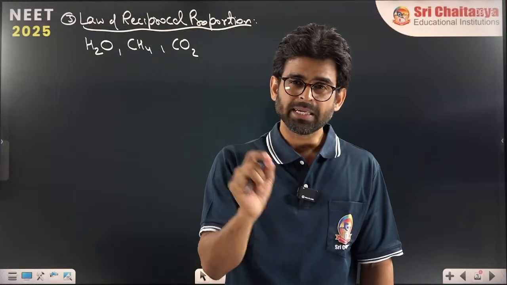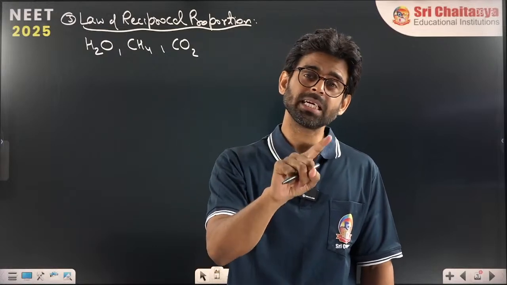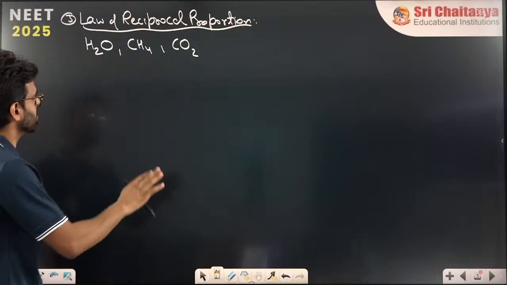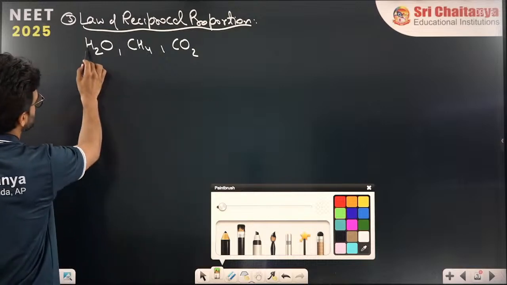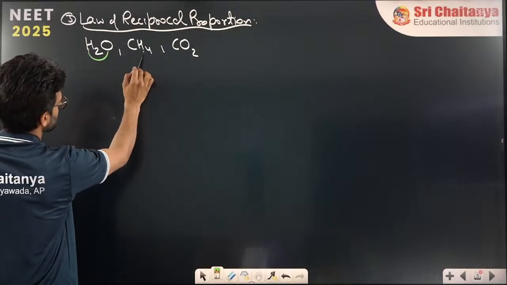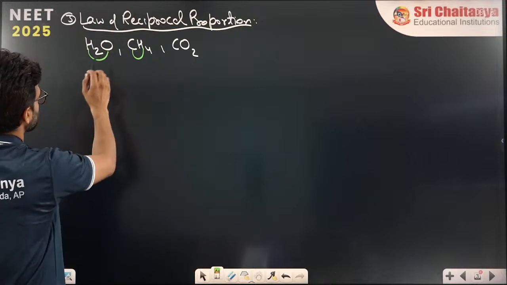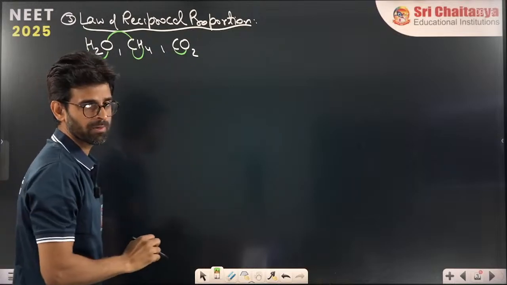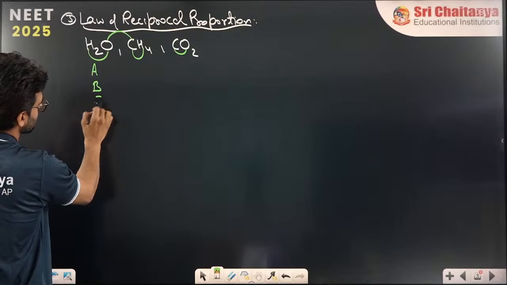What I mean, A makes a compound with B, B makes one with C, and then A makes one with C. I will not check any ratio, I will not waste any time. Look at this again. In this compound, H is combining with O. Here H is combining with C, right? And here, C and O combine with each other to make the third compound. Again, I have A, B, C, three elements.